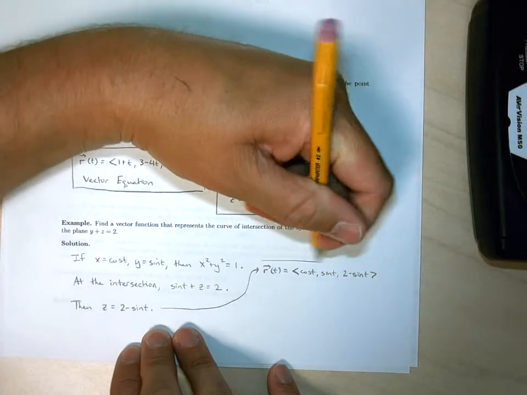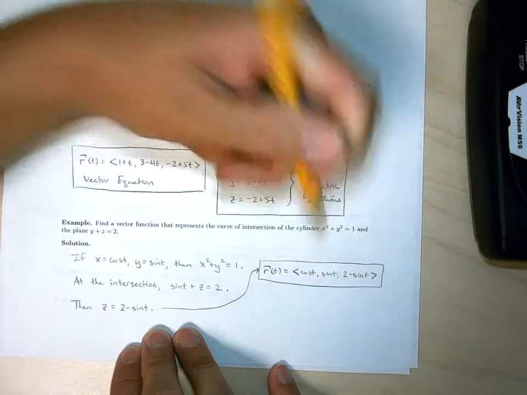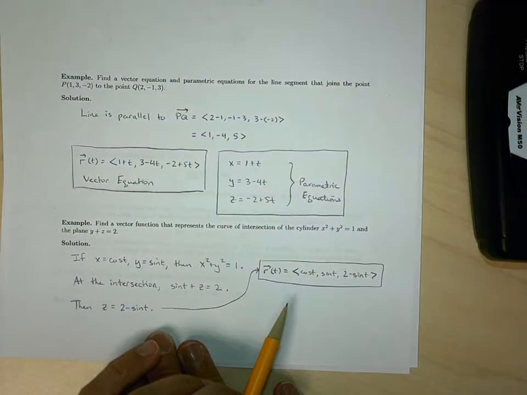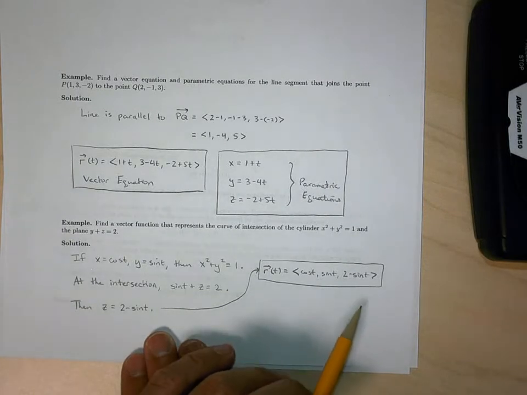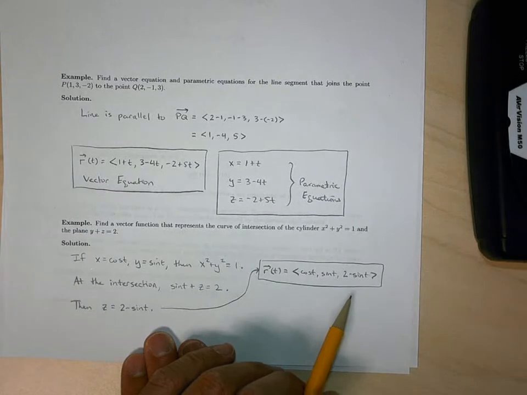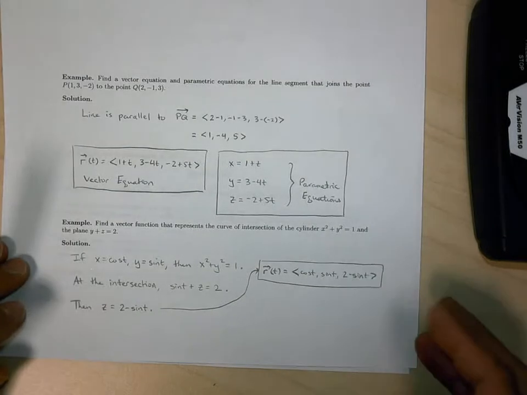So this vector equation describes specifically the curve of intersection of the cylinder and the plane. It doesn't describe the cylinder and the plane individually. On the cylinder, you could always parameterize as cosine t, sine t, but during the intersection of the cylinder and the plane, z is specifically 2 minus sine t.